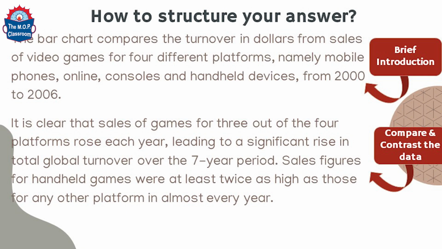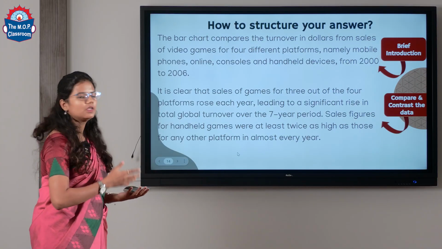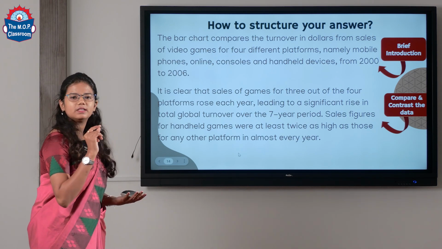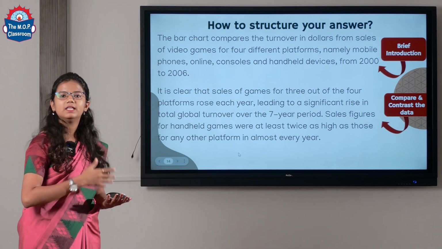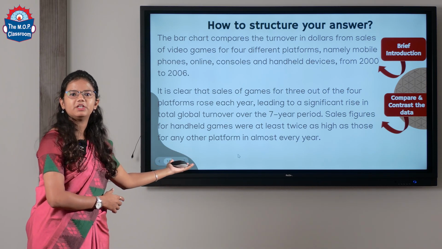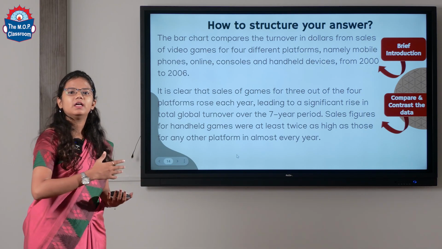As I showed in the previous slide, you can clearly see that it is a bar chart and it talks about the sale of games over the period of time. Then it talks about the comparing and contrasting data that you will be able to find out on your own. So, over the period of seven years, how the sale of different types of games has evolved.